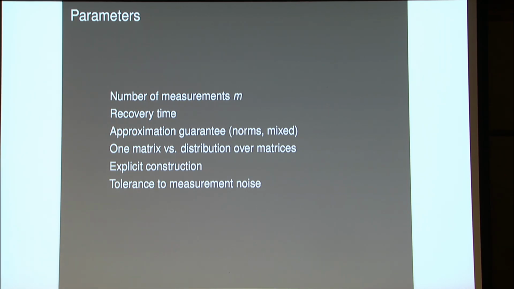So, exactly where the randomness enters into this problem matters. Is it one matrix? Is it simply a distribution over matrices? Or even worse, do you have a distribution over signals?